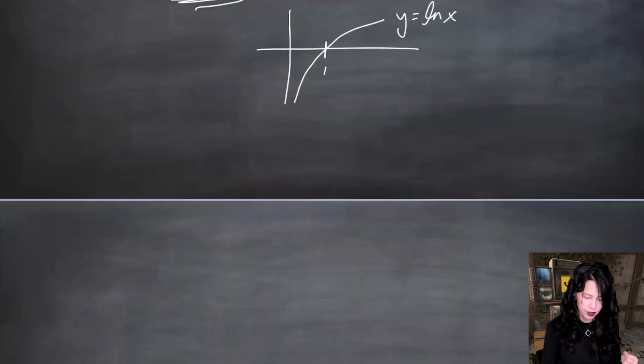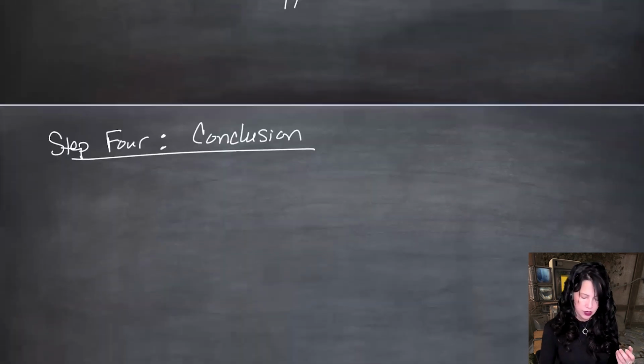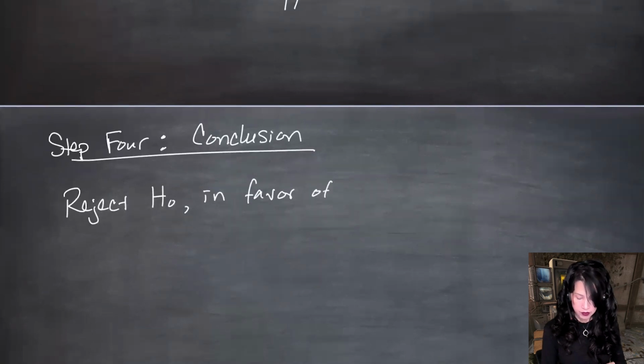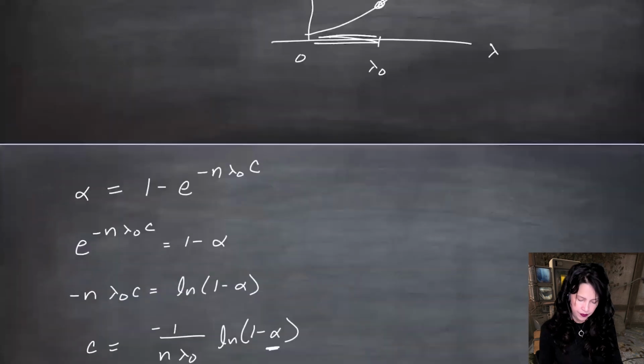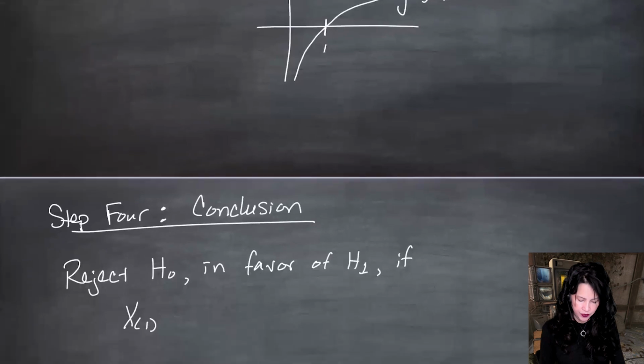Okay, step 4 is going to be to write down your conclusion, to bring it on home. So we're going to reject the null hypothesis in favor of the alternative if this minimum, what did we say, is less than C. And we just figured out what C is.